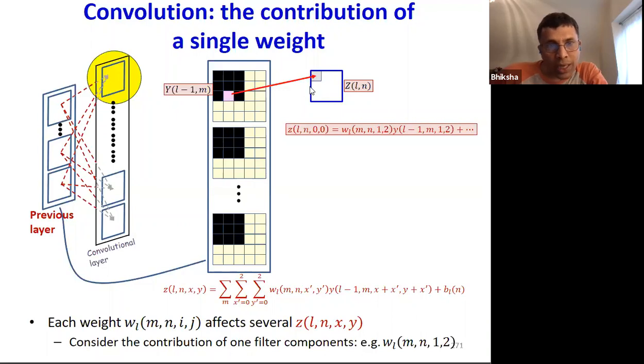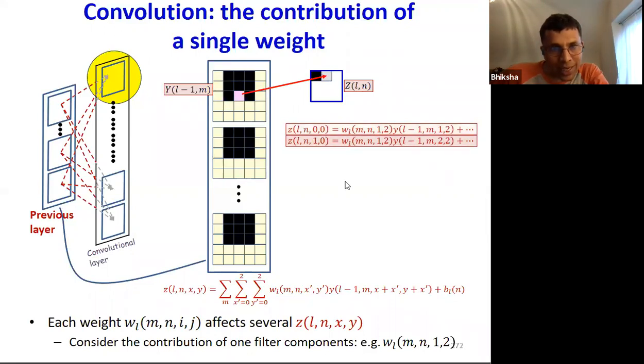How does this one guy contribute to this one element? So that is going to be W12 times Y12, right? Remember, the index of this filter and the index of the Z give you the index of the Y, right? So when I placed it here, it's Y12 times W12.